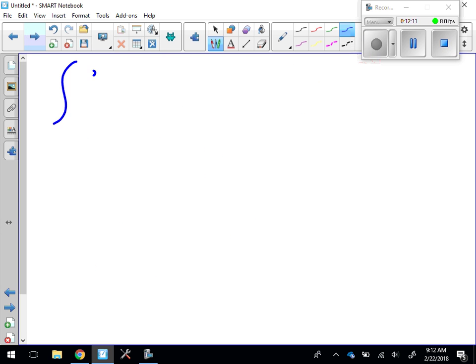So the integral I have is 8x over x squared minus 4 dx. And remember, the goal of all of my tricks, all of my tools, is to turn the integral into something that I can integrate by inspection. That I can just look at it and go, oh, hey, inverse tangent.